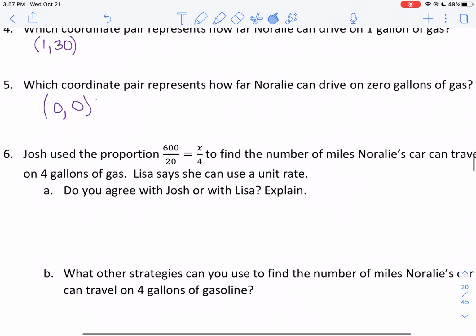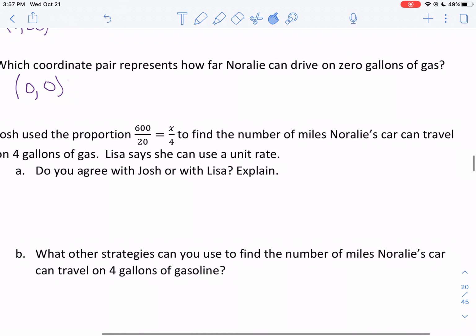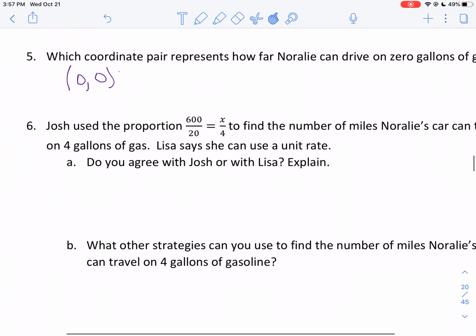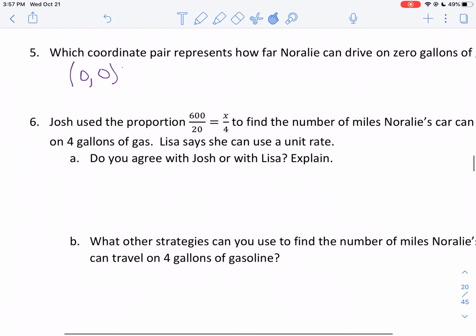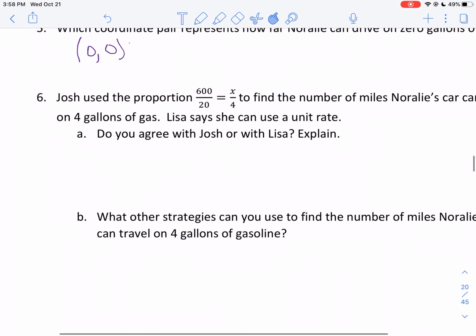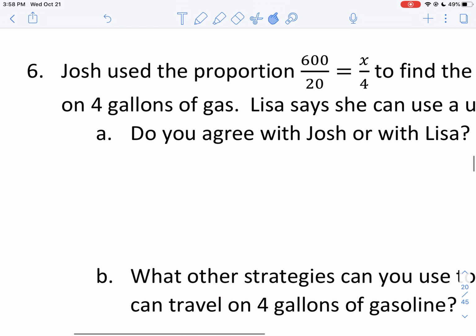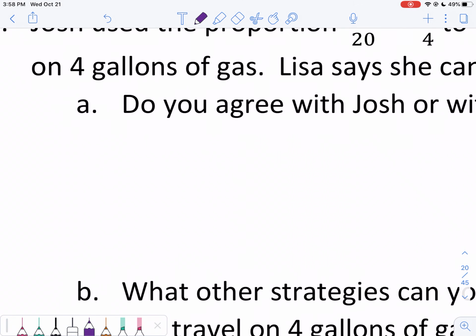Okay, Josh used the proportion 600 divided by 20 equals x over 4 to find the number of miles Nora Lee's car can travel on 4 gallons of gas. Lisa says she can use a unit rate. Do you agree with Josh or do you agree with Lisa? Explain. Well, which one is correct? Well, both are correct.